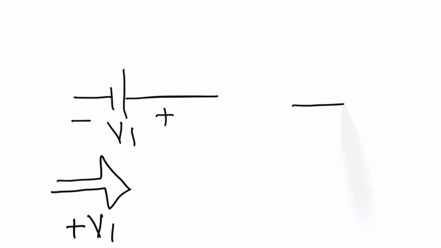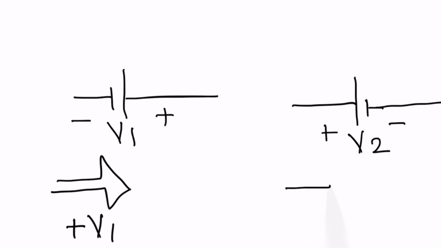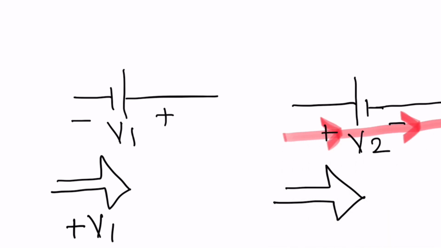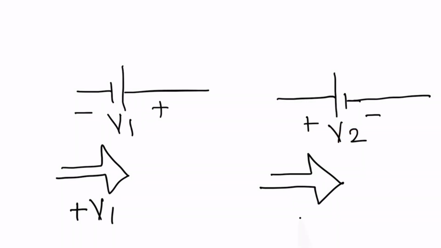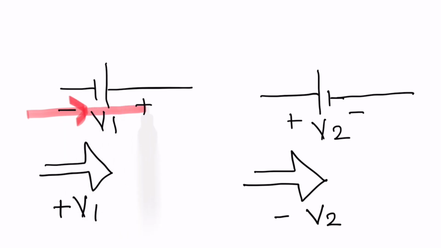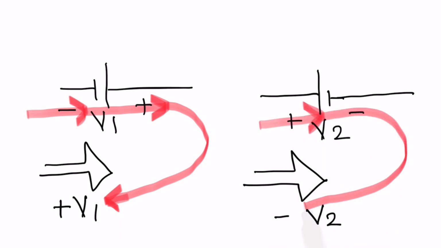In case number 2, V2 is a voltage source connected in your path and you are moving in this direction. So you can find you are moving from plus sign to minus sign and the drop will be given as minus V2. So one thing is very clear, whenever you are moving from lower potential to higher potential, you will write down plus sign, and whenever you are moving from higher potential to lower potential, you will write down minus sign. So this is the law of writing down the KVL equation.